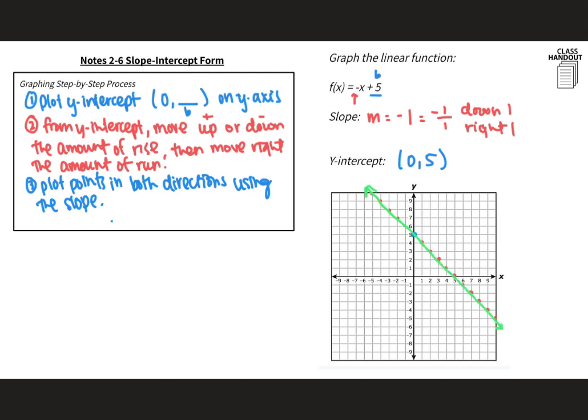So I want to write down some things that we should remember when graphing lines. Remember that if we have a positive slope, that means we're going to move up. If we have a negative slope, that means we're going to move down. When we graph our line, just to simplify things, we're always going to run to the right.